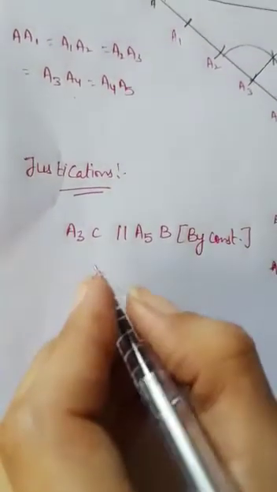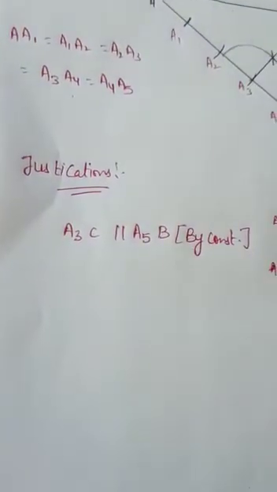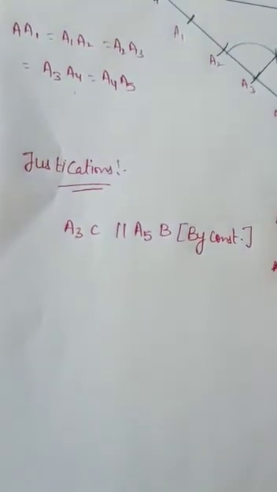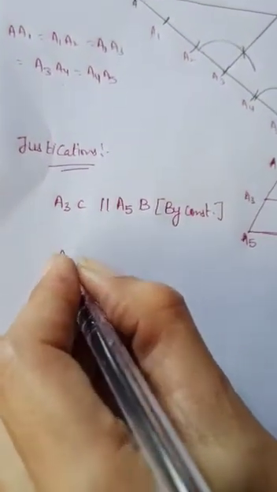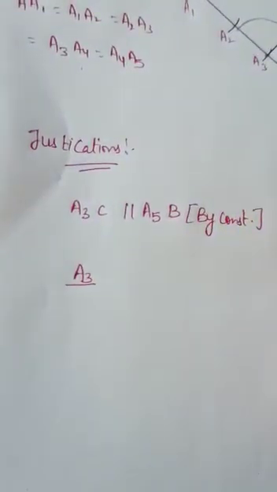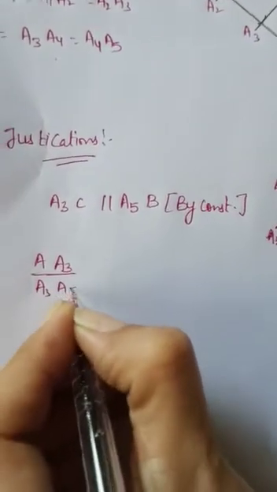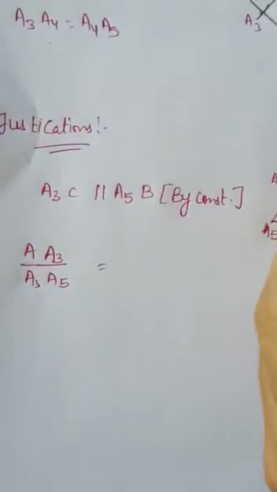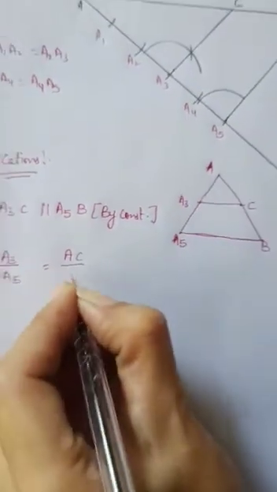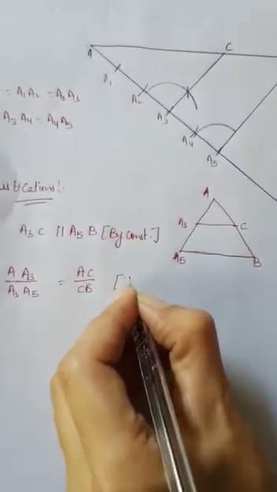Now if this is parallel, then this implies in the triangle that A3 upon A3A5 is equal to AC upon CB, the ratio. Which property are we using?